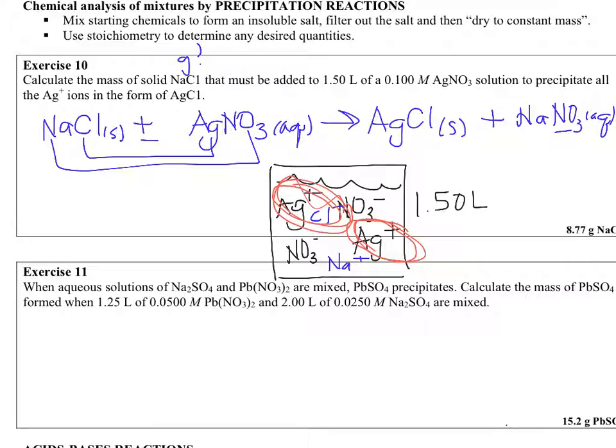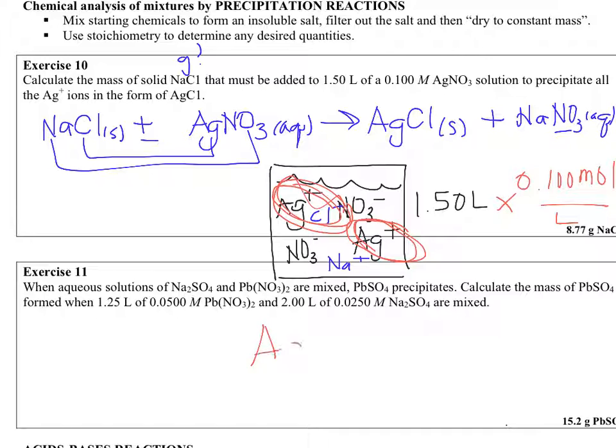I have a solution that has a volume of 1.50 liters, and its concentration, moles per liter, is 0.100 moles per liter. I've just rewritten that big M, that concentration is moles per liter. If you consider the formula of silver nitrate, I'm going to write it down here.